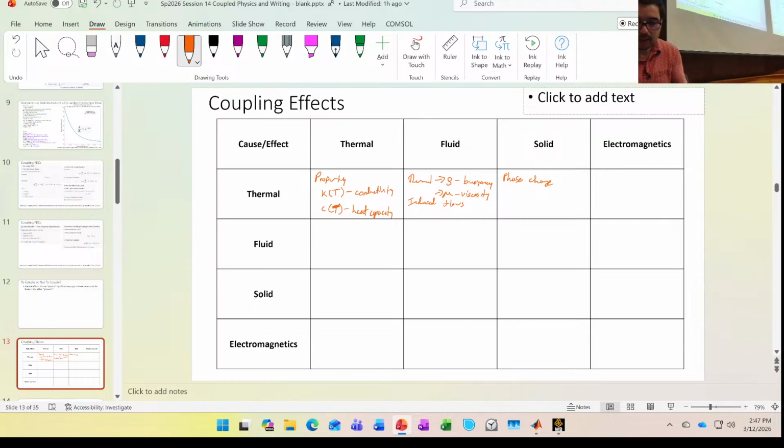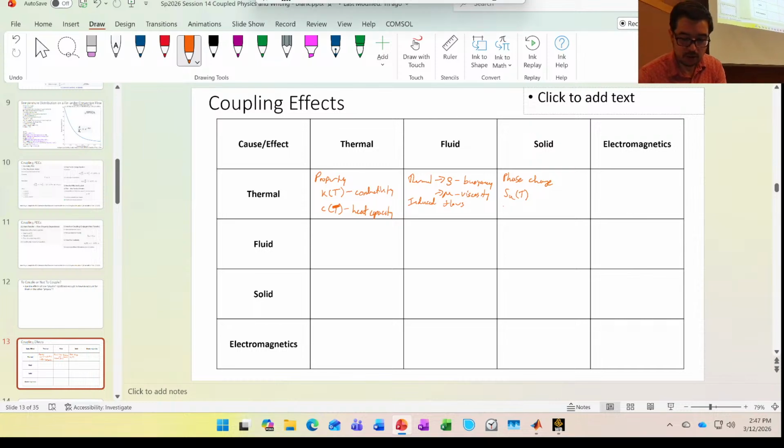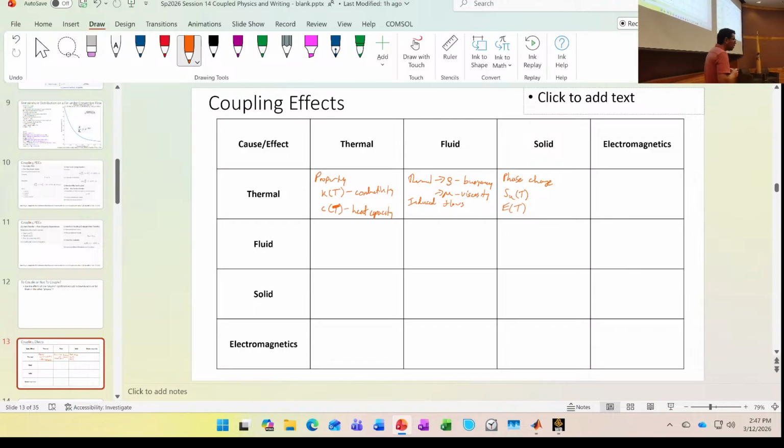Let's say SU, the ultimate tensile strength, is dependent on temperature. The elasticity is also dependent on temperature. The Poisson ratio is also dependent on temperature. Do you remember when we did this fun example where we put a bar between two fixed walls?